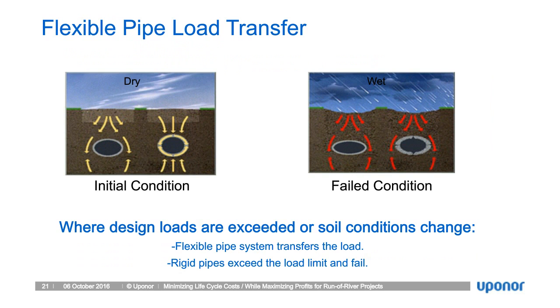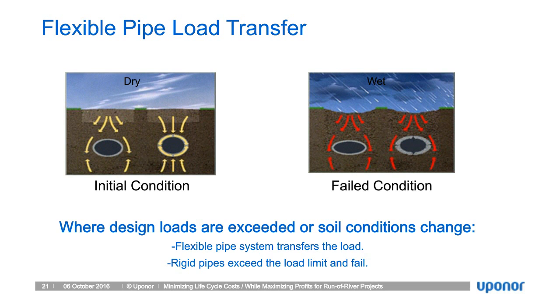And this is important to consider: when you take a look at the initial bedding or soil conditions, now it may change. If a pipe in initial condition has pressures applied to it, and it's dry soil, a dry modulus, a rigid pipe is going to take that force full on.